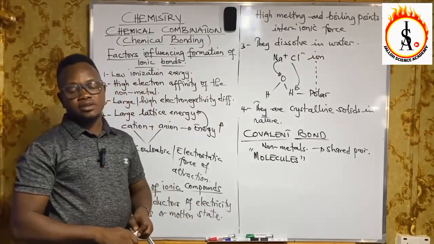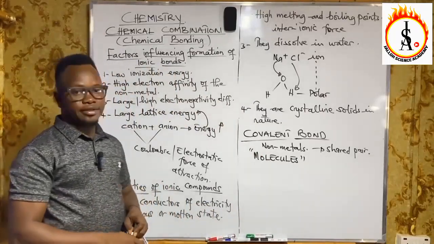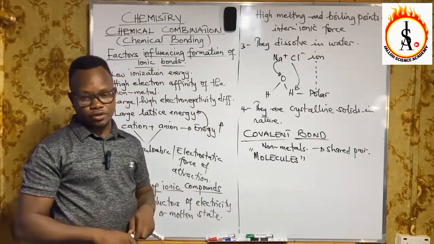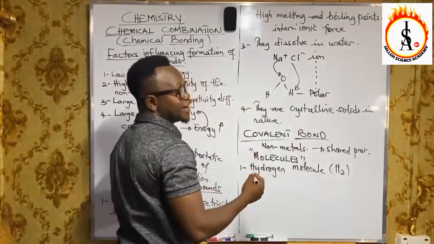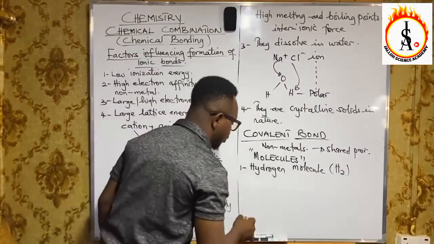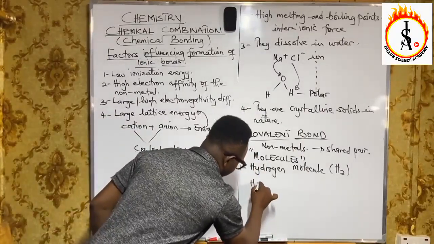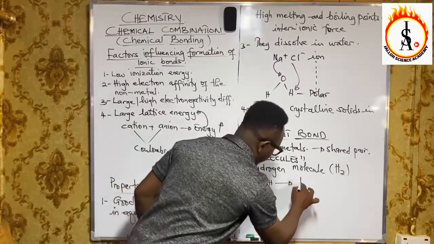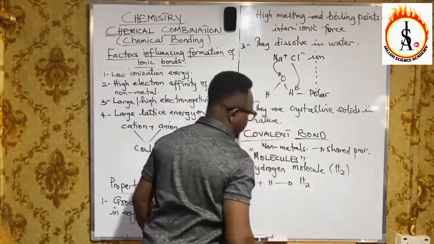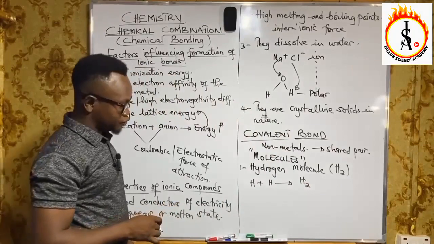First example, let's look at an example wherein we have the hydrogen molecule being formed, which is hydrogen gas. Hydrogen molecule is formed when 2 atoms of hydrogen react with each other to give us gaseous hydrogen.